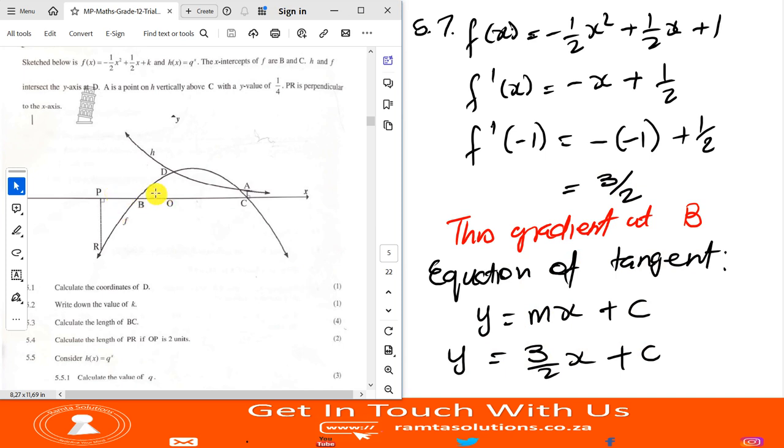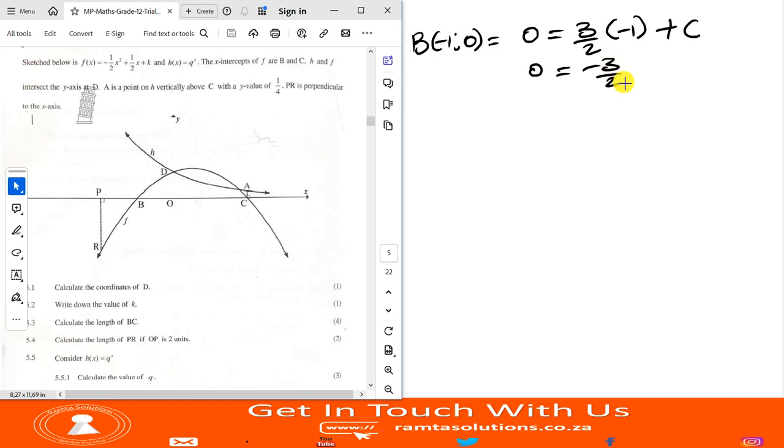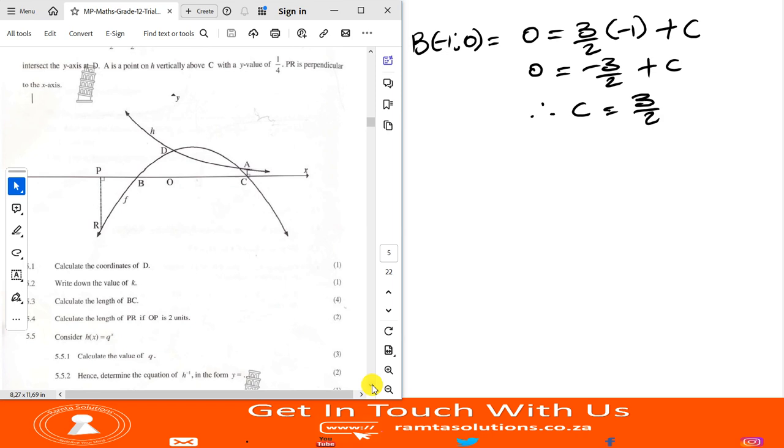Now what point do we have here? The point we have is -1 and 0. Let's substitute it. So 0 equals 3 over 2 into -1 plus c. So 0 equals -3 over 2 plus c. Therefore, c is +3 over 2. We can therefore conclude, let me see how they wanted us to write this.